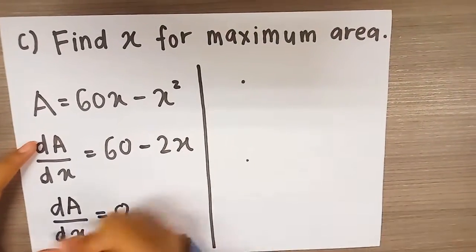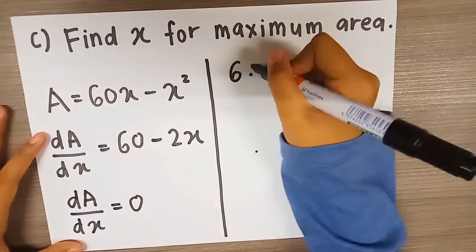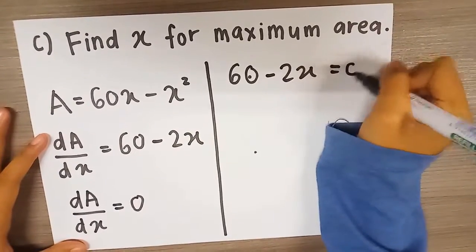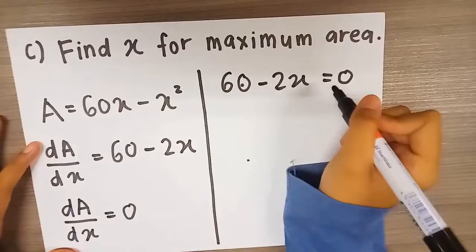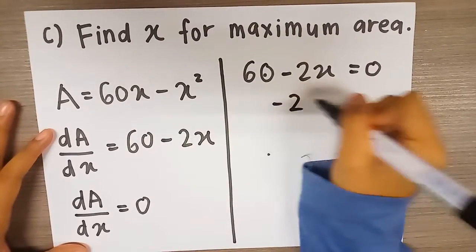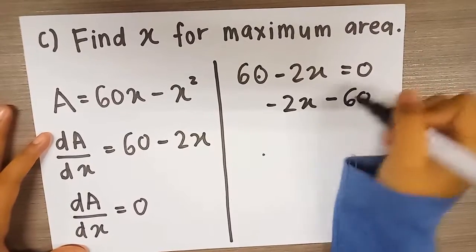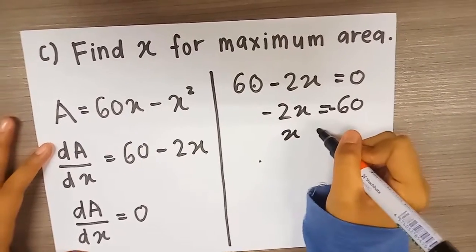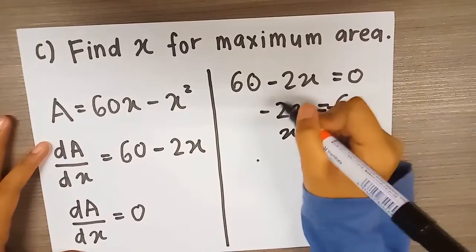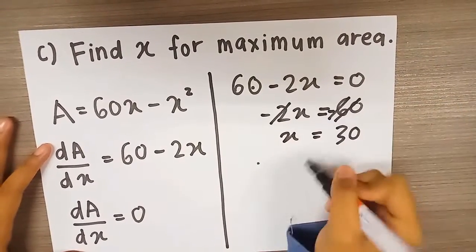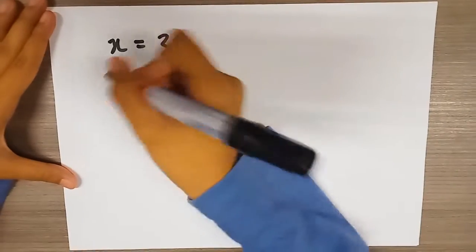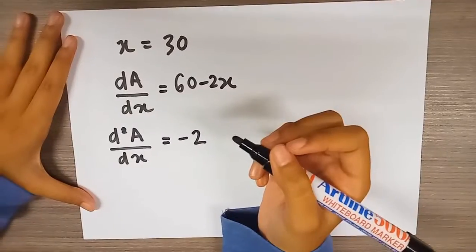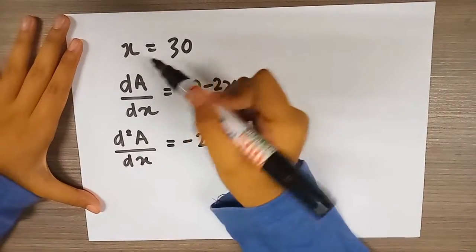Then we set 60 minus 2x equal to 0, and we find the value of x, which is 30. So the x we get is x equals 30.